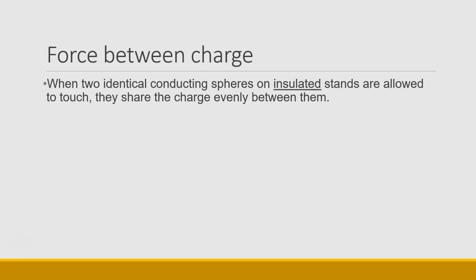If one conducting sphere is positively charged and the other one's negatively charged, then there'll be a force of attraction between them. And anytime you're given these questions, you will be told that the conducting spheres are on insulated stands or on an insulated surface or hanging by an insulated string.